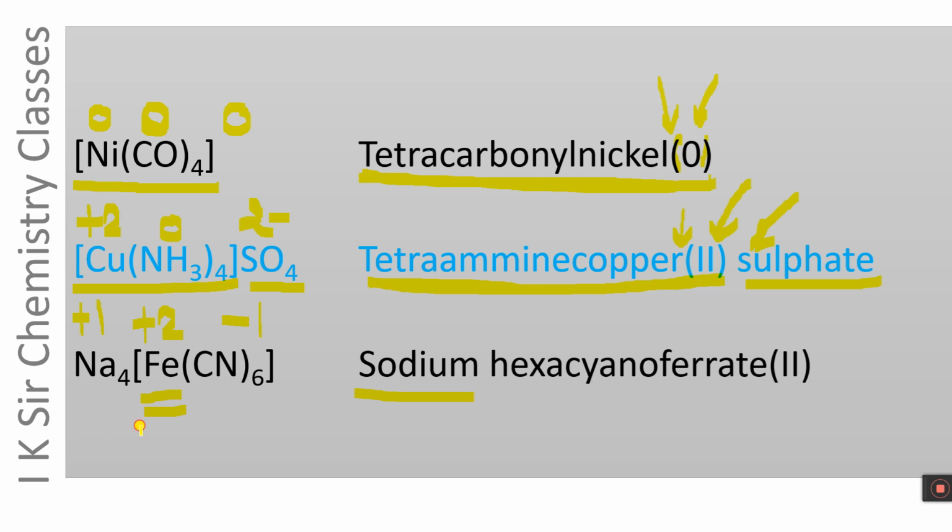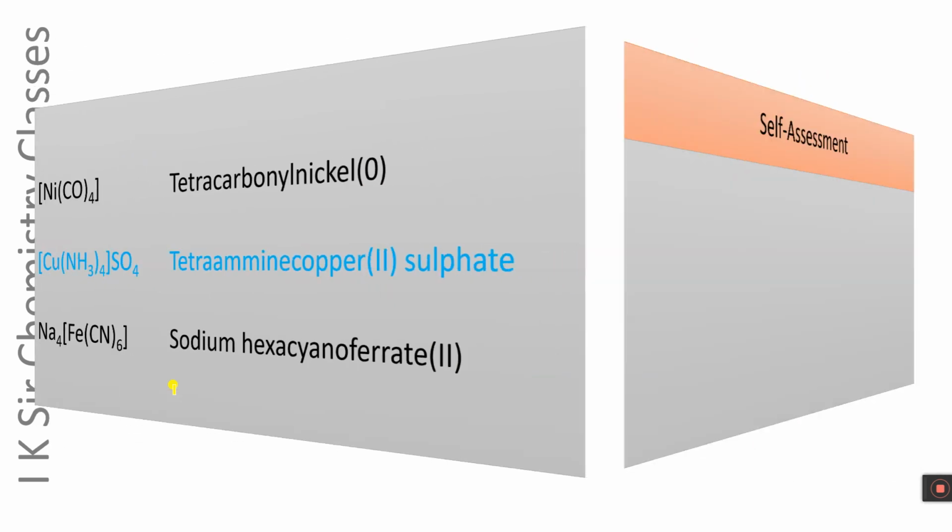The name of the coordination sphere is written as a single word, and it ends with the oxidation state of the central metal atom or ion in Roman numerals within small brackets without any gap. These are some examples for the nomenclature of coordination compounds.